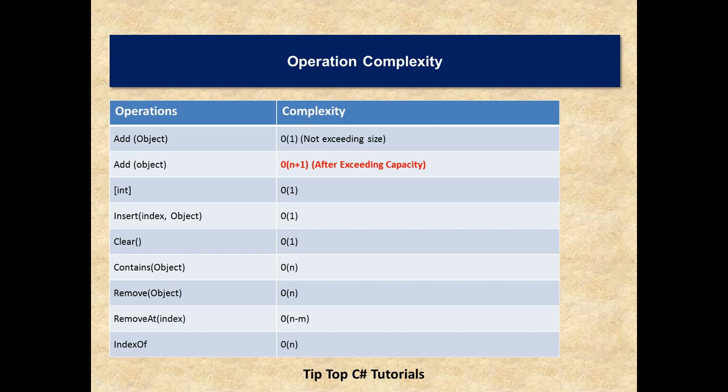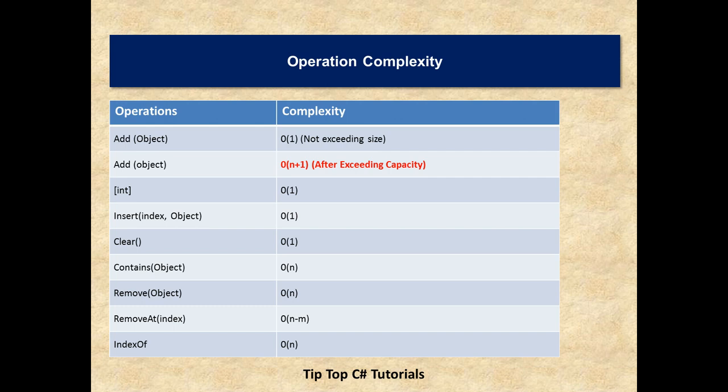It can be clear, where you want to clear everything. It can also be contains, where you want to see whether an object exists. Either it can be remove, where you want to remove a specified object, or you want to remove an index, or you want to get the index of a specified object.